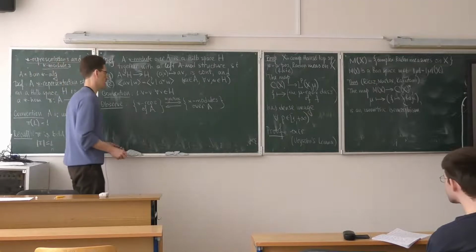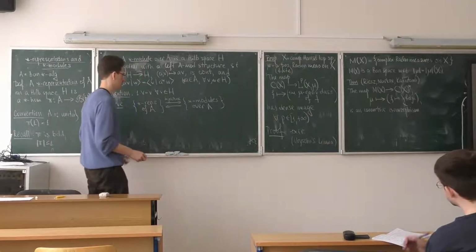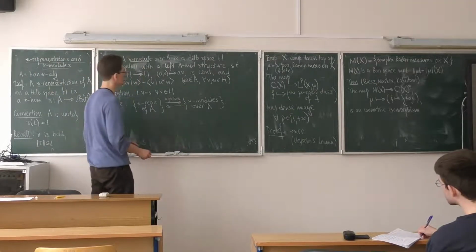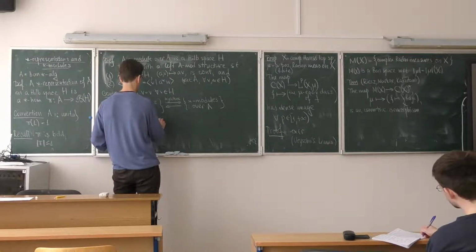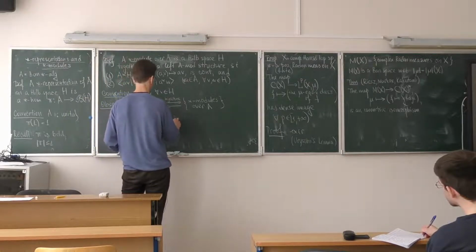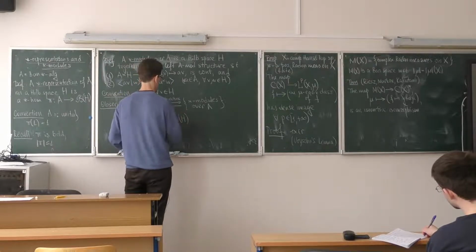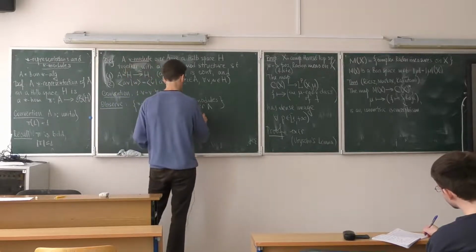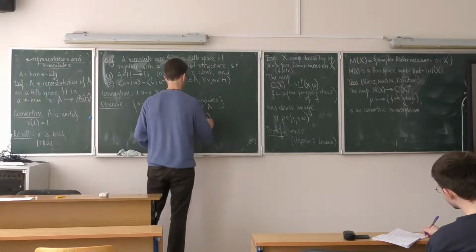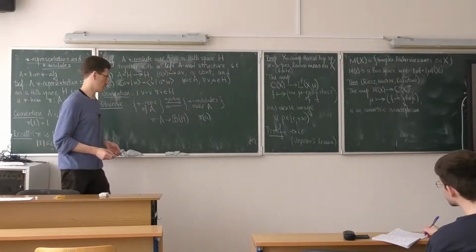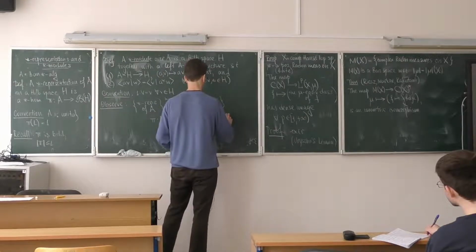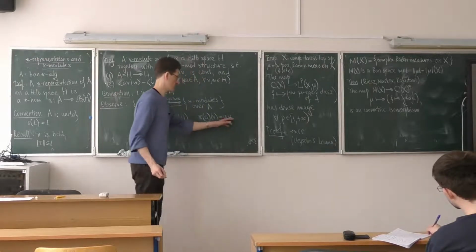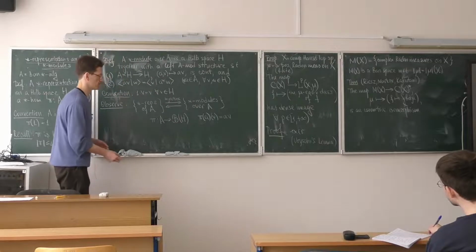More exactly, once we have a star module H over A, we can construct a star representation pi of A on H as follows. For each a, we define pi of a to be the operator which takes v to av. So this av comes from the module structure.